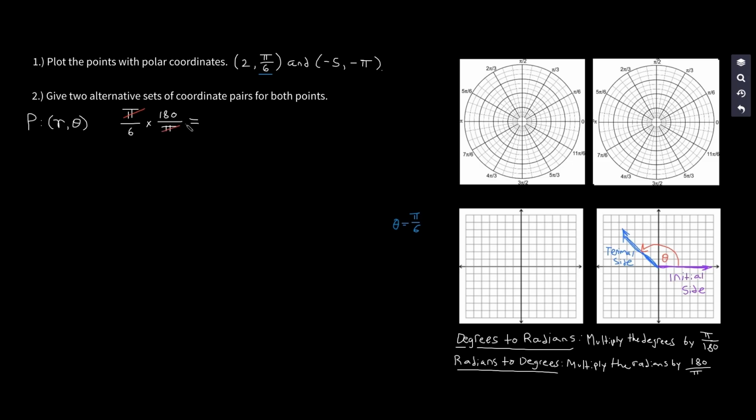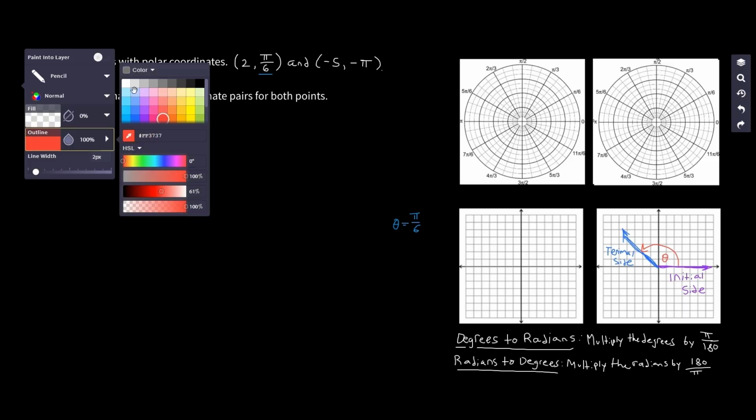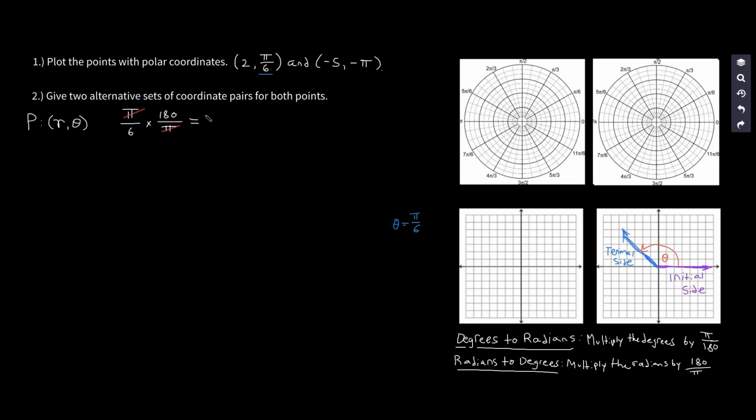These pi's are going to cancel. We'll have 180 divided by 6, which is going to be 30, so the answer is 30 degrees.